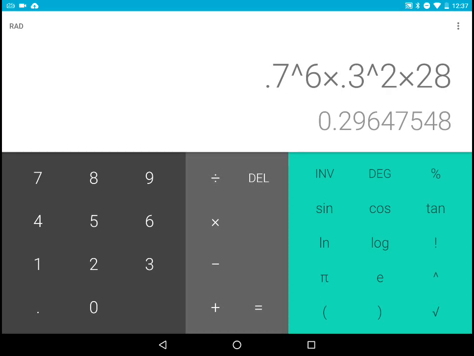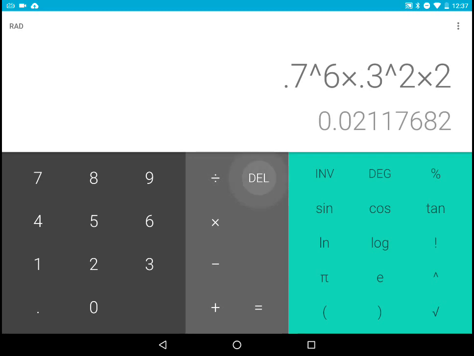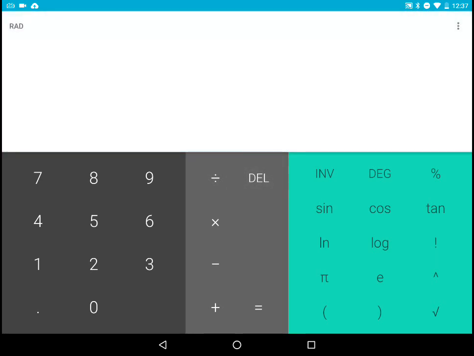So let's clear this. Okay, so now we have 0.7 to the seventh power, so we get 7 out of 8 times 0.3 just to the first power, or just 0.3. And then we get 2.5%.